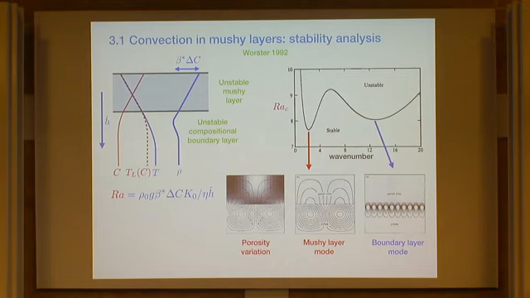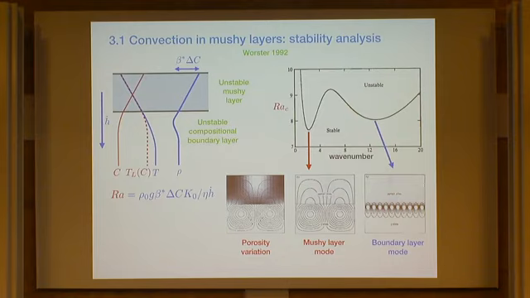So the key thing is, in regions where liquid is flowing from material is moving from the liquid region towards the mush, so upwards, you're going from a region which, at least as far as the interstitial liquid is concerned, is relatively fresh to relatively salty. So if you're bringing relatively fresh liquid in, you're reducing the bulk composition.